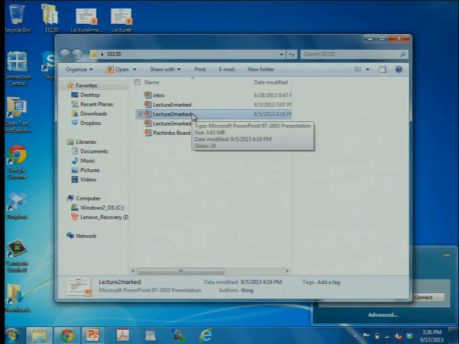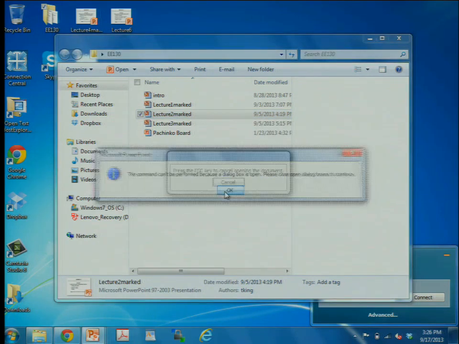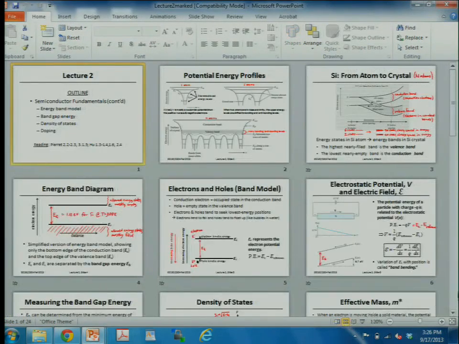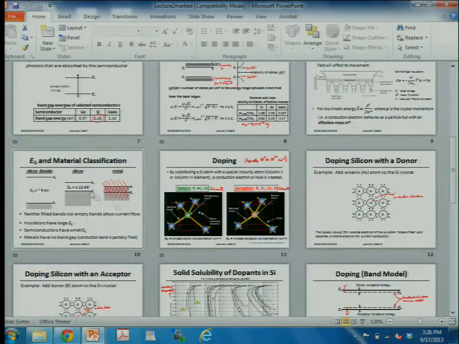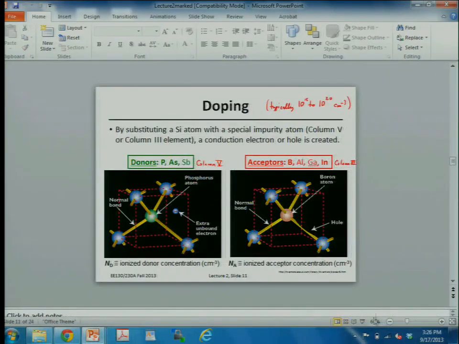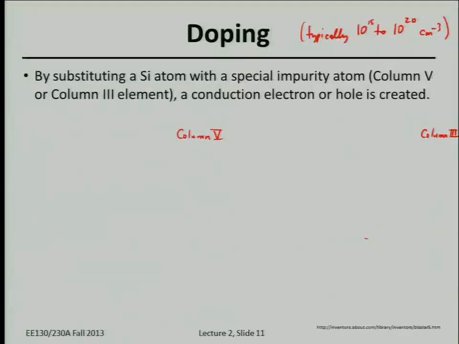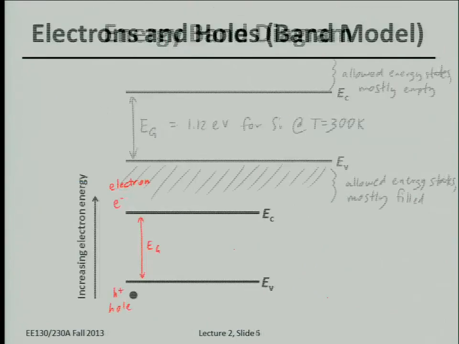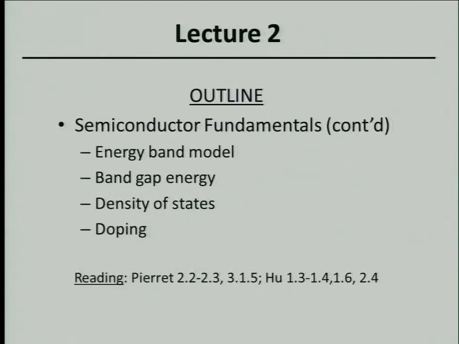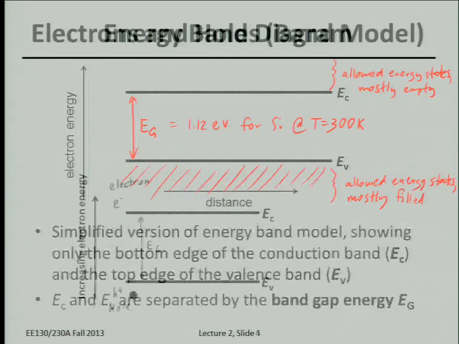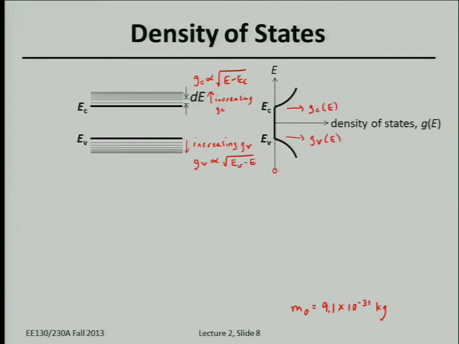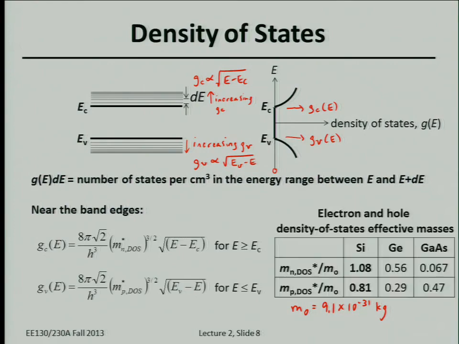In order for a donor to donate an electron to silicon, it actually has to sit in a lattice site. Because it has to be forming covalent bonds with 4 nearest neighbors, and then the fifth valence electron is not really tightly bound. So basically the atom has to reside on a silicon lattice site.